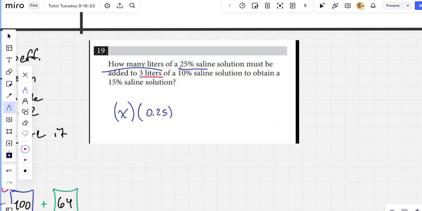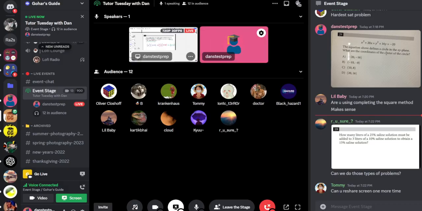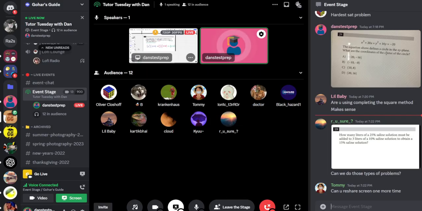Then we have 3 liters of a 10% solution. That is a known quantity and a known concentration. That makes it a little bit easier for us. Finally, we want to obtain a 15% saline solution. Does anybody see the problem with this equation I just wrote down? Hmm, I don't see anything.